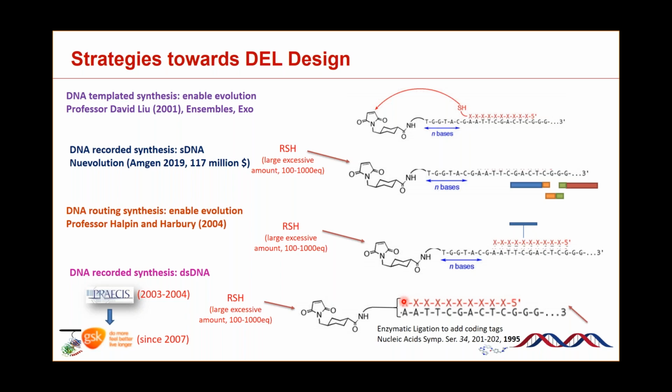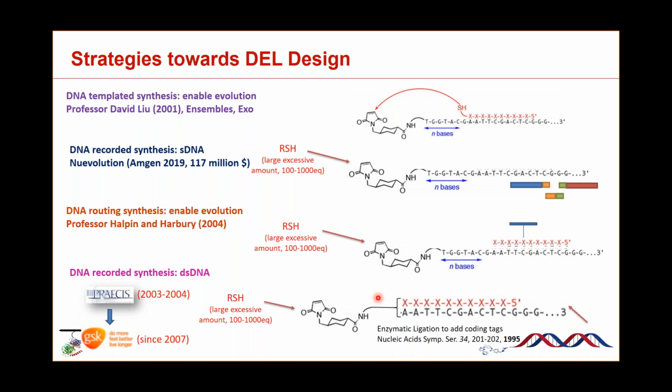For example, on the left hand they could fix it, and on the right hand you can do the decoding using T4 DNA ligase. Although with this kind of design they couldn't do evolution, after 2005 NGS came up, which really saved this technology and sped up the sequencing. This design later became quite powerful, and in 2007 it became quite popular.